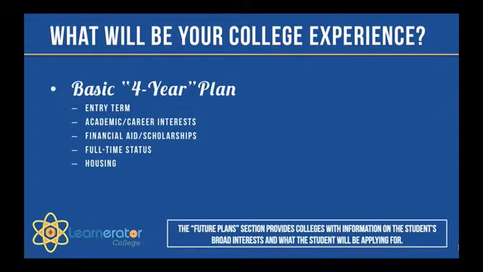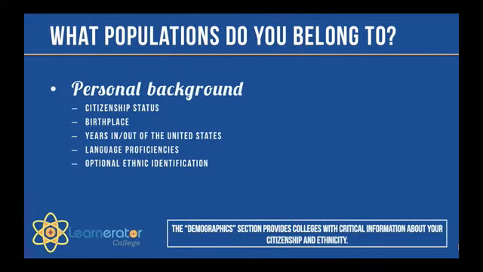And what they do is they essentially offer a totally merit-based scholarship just based on your high school academic performance. So the future plan section is providing colleges with information about your broad interests along with what you are specifically applying for.